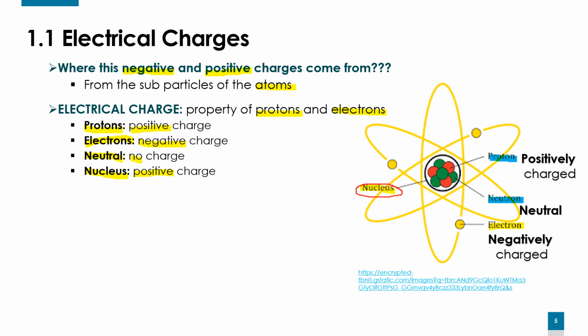If a neutron doesn't have any charge, the only charge the nucleus will have would be the proton. Okay? So where does this electricity come from? From the subparticles of the atom. Which subparticles? Protons, electrons, and neutrons. Because neutron has no charge at all, basically we are just talking about protons and electrons that have relation with electricity.